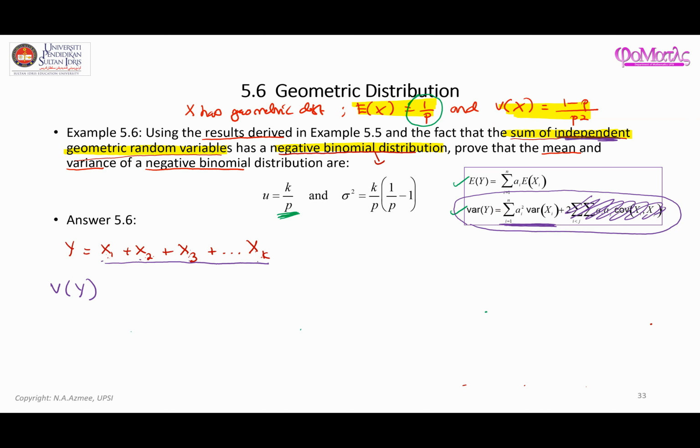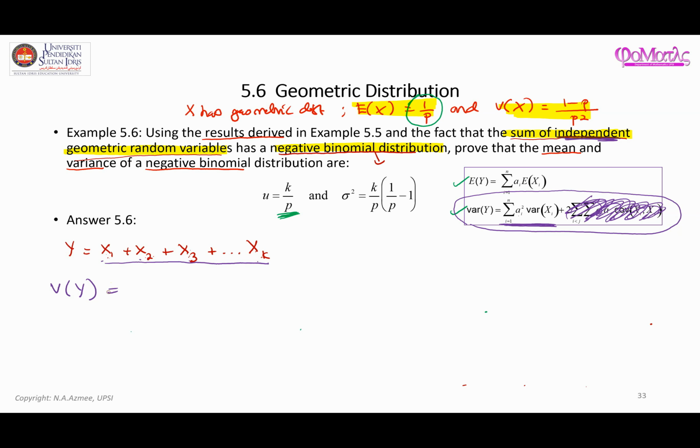When they are independent, we are not going to consider the covariance part at all. So the formula got simplified to just the variance part of each random variable X. We also don't have any constant right next to X1, so that makes our life easier as well.